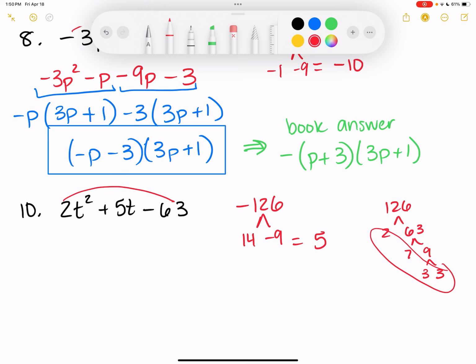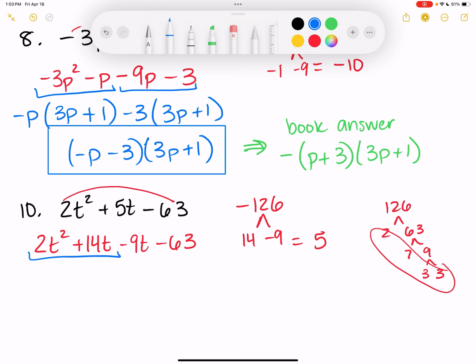If I did it the other way, it's still going to work. It's just going to be a little bit more that I have to figure out of what can I take out of here. Okay, and again, that's just a preference on my part. If you like it the other way, you can do it the other way. So 2t squared plus 14t minus 9t minus 63.